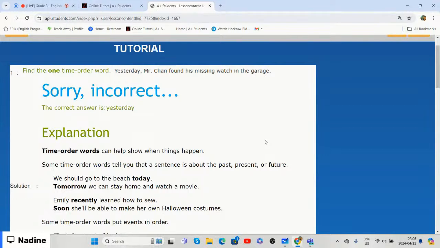But it basically tells us when things are going to happen.